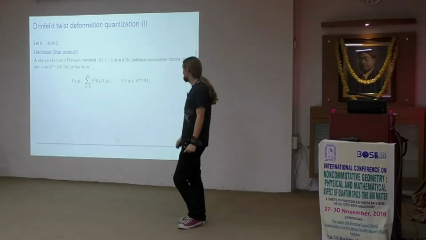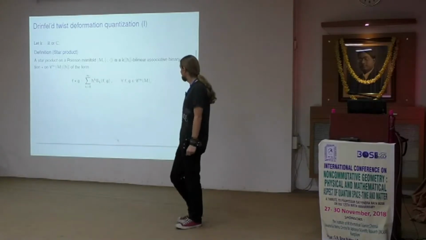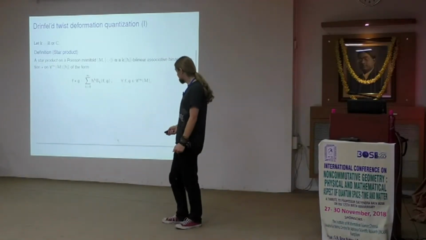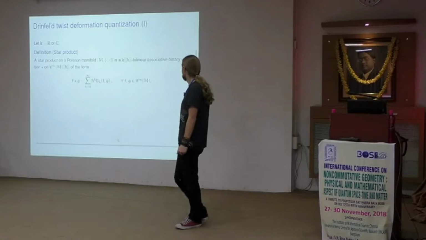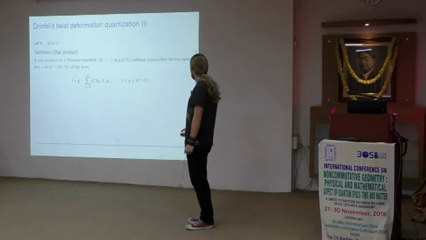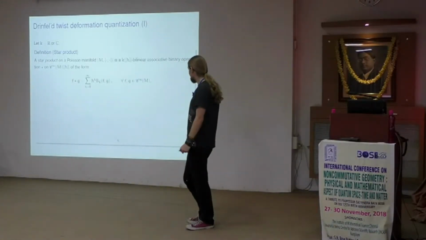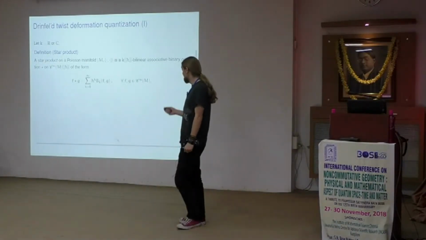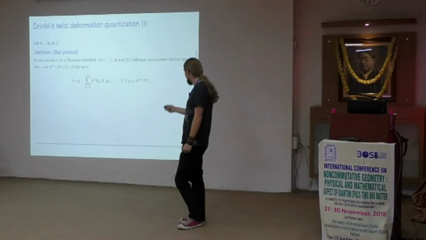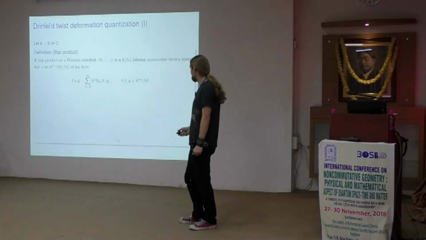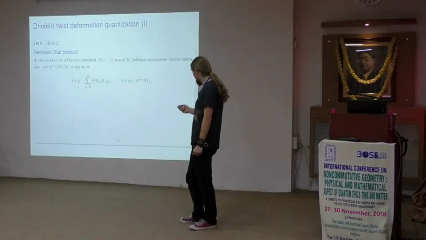And so if I take a Poisson manifold, then I say that a star product on this Poisson manifold is a bilinear product on the formal power series of smooth functions of this manifold, and it's actually given by a formal power series of bi-differential operators, B_k here.